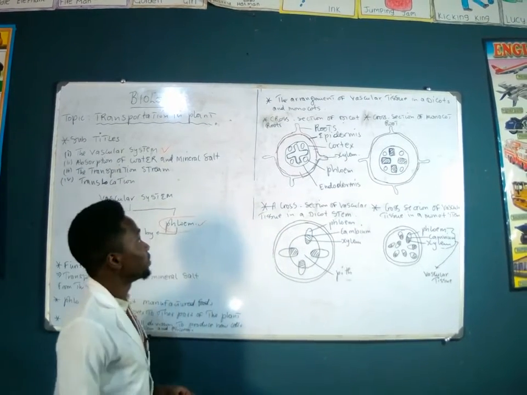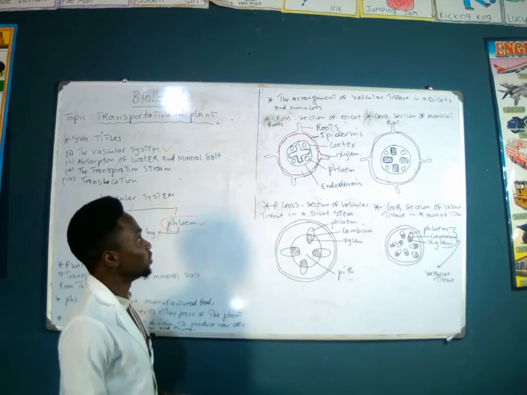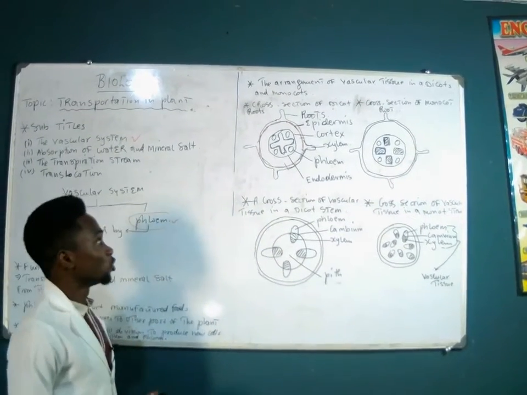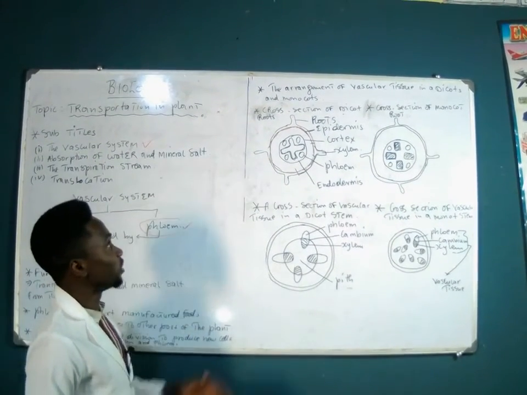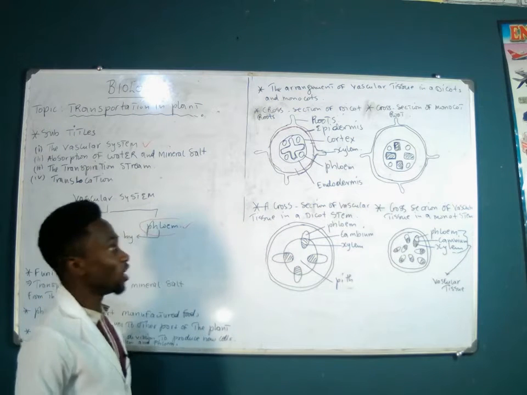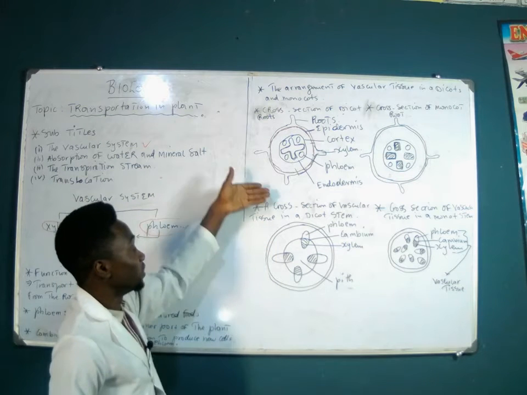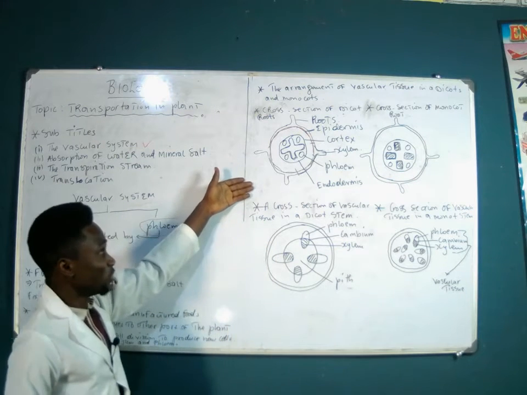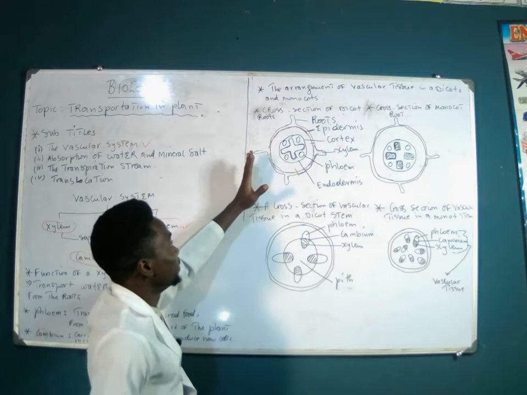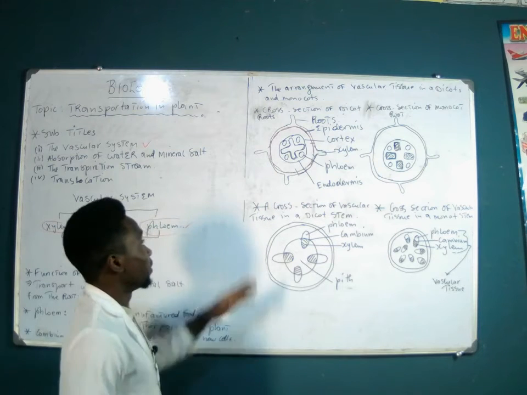So the following images show us the arrangement of vascular tissue in dicot and monocot plants. We have a cross section of vascular tissue in a dicot root. This is how it is going to look. The xylem is star-shaped and is located in the center.